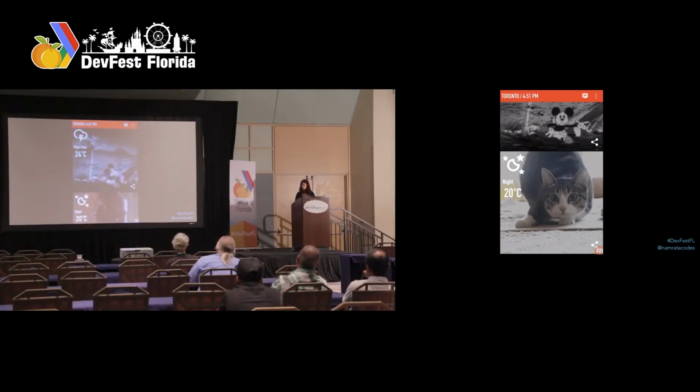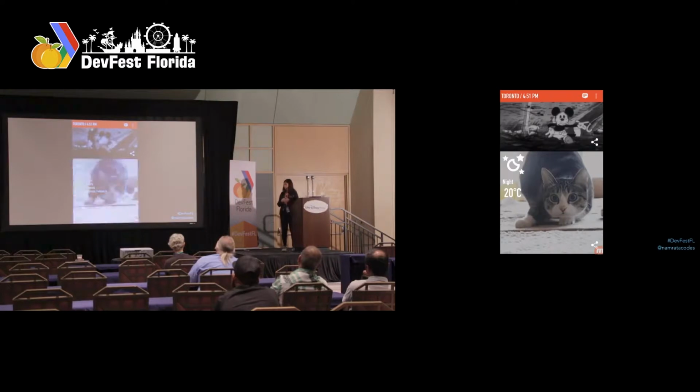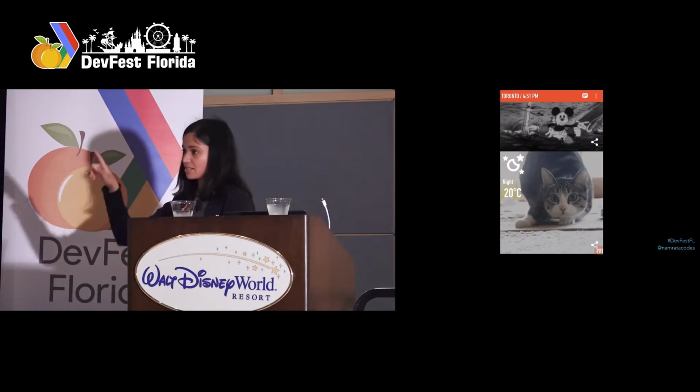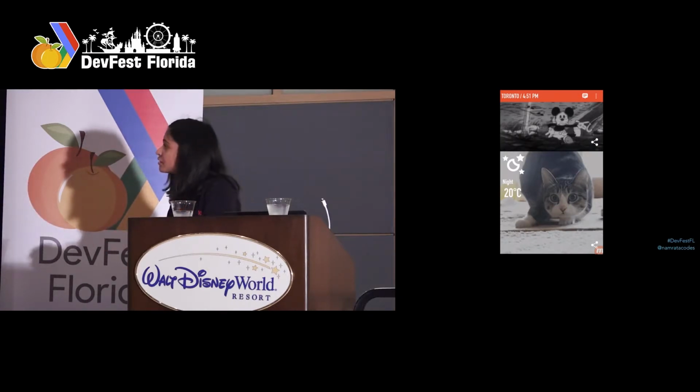In order to implement the share feature, I had to do multiple video processing operations. The first thing was that all these videos were of different resolutions. So I had to scale them and then crop them to this 1:1 aspect ratio that you see here.